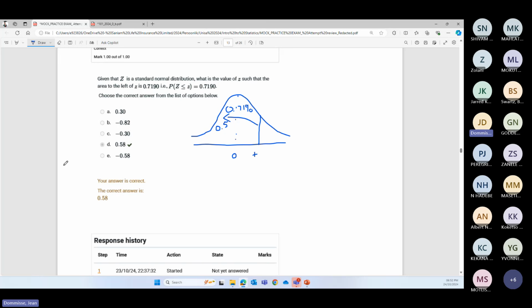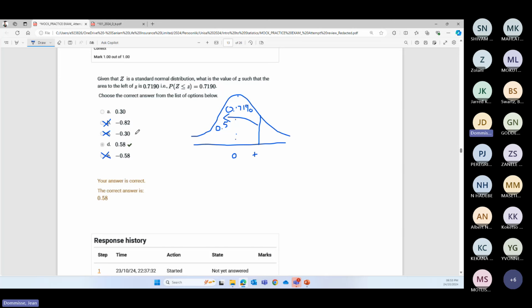Okay, so that means that we are sitting with a positive Z. So then automatically, not gonna work, not gonna work. So let's just cross it off, that's not gonna work, that's not gonna work.